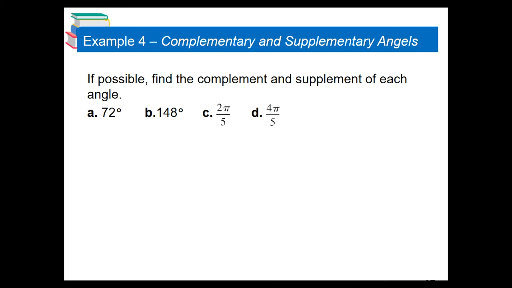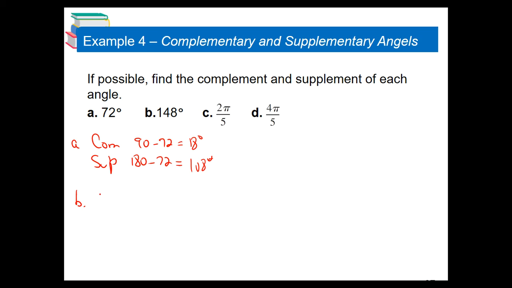All right, so if I want to find the complement and the supplement, complements add to 90. So for A, to find the complement, I would just take 90 minus 72, which is 18 degrees. For the supplement, I would take 180 minus 72, which is 108.